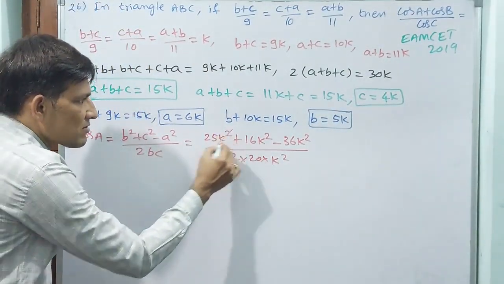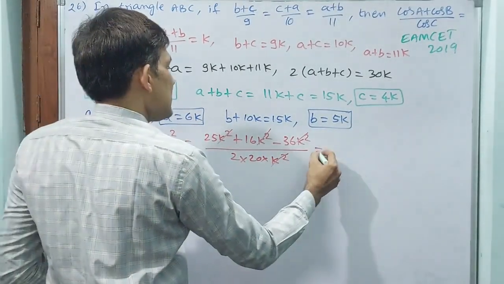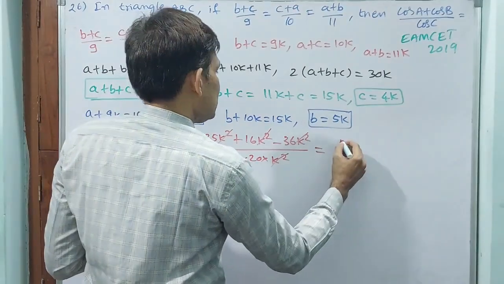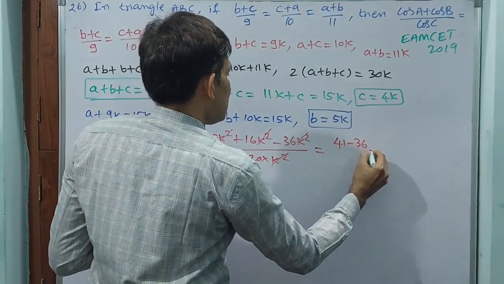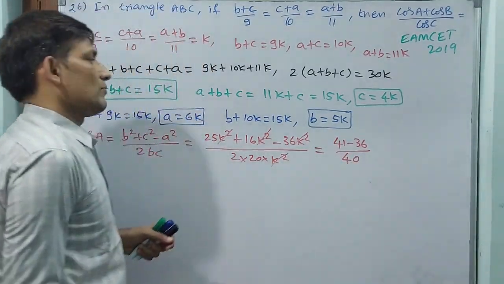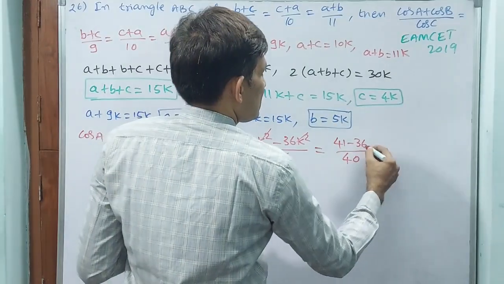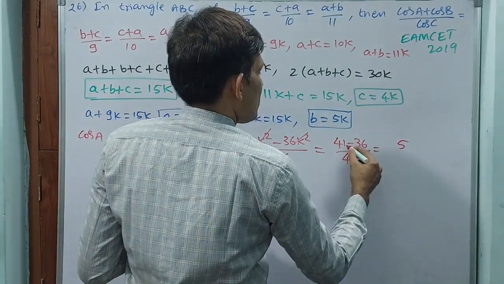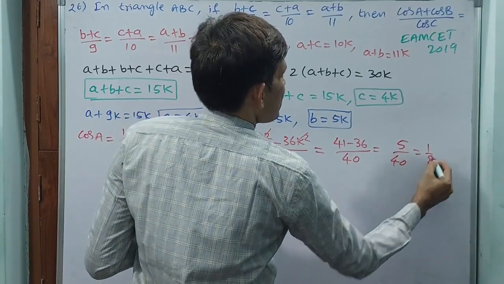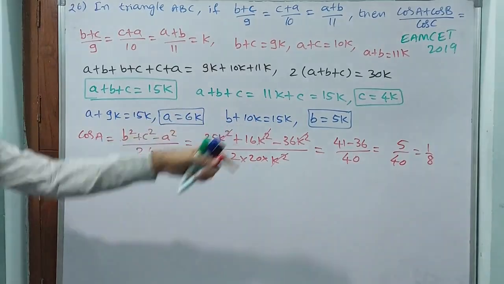I can cancel k², you think I have taken common k². Then 25 + 16 is 41, 41 - 36 by 40. 5 by 40, that means 1 by 8, because 5 8s are 40. Cos A value is 1 by 8.